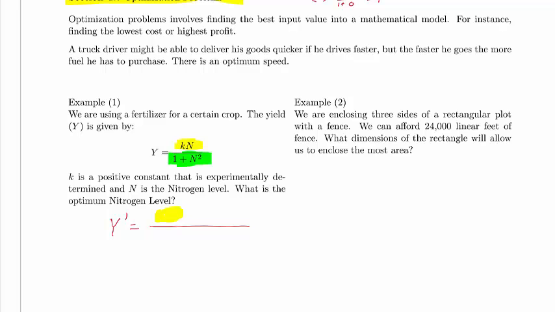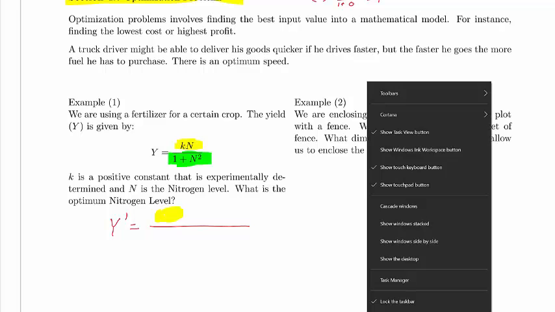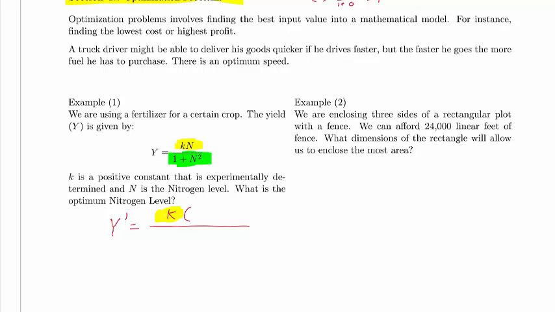Right, so first we take the derivative of that yellow part, which is k, and then simply multiply by the bottom. And then minus the top part, and then we multiply that by the derivative of the bottom, which is simply 2n. And so we have 1 plus n squared quantity squared, right? Don't forget to square the bottom.